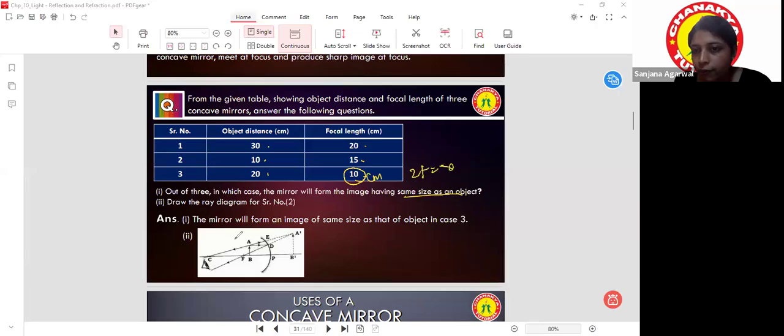Draw the ray diagram. So just take the focal length as 15 centimeter on your answer sheets. Children, you can take 2 to 3 centimeter as focal length, whatever the range is yours, and keep the object distance accordingly. Or you can take your sheet in landscape mode and draw a neat and clean diagram if these terms are in your range. So please practice the diagram.